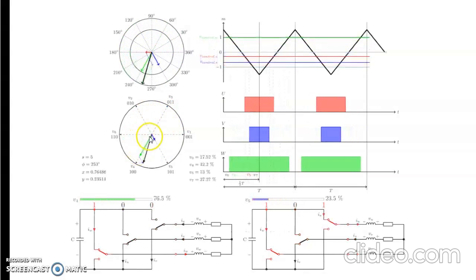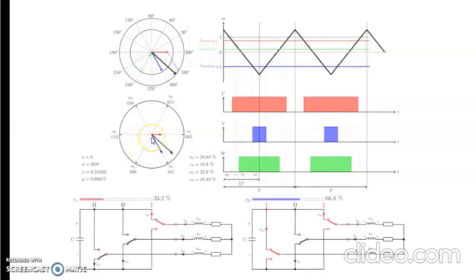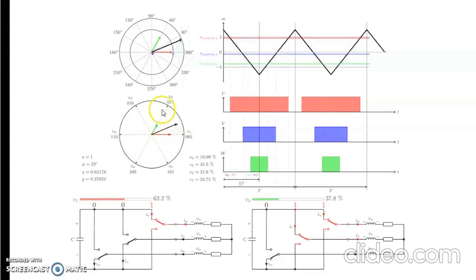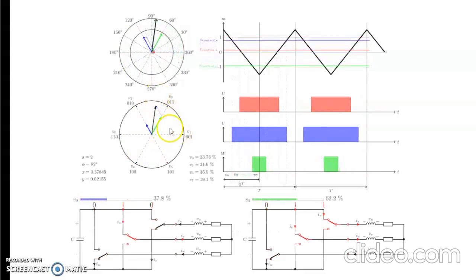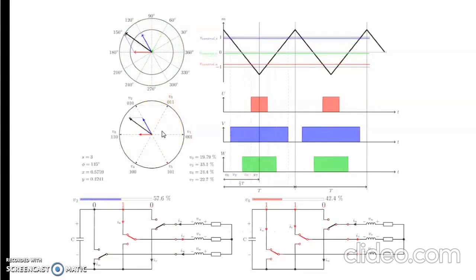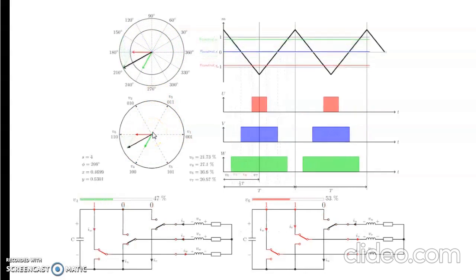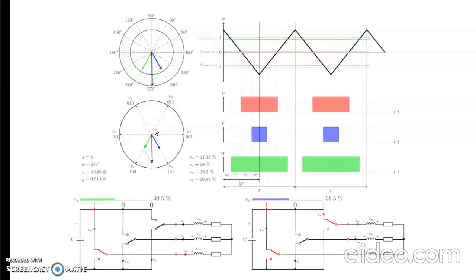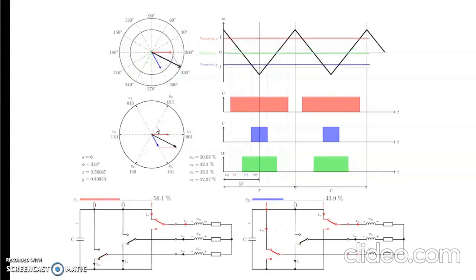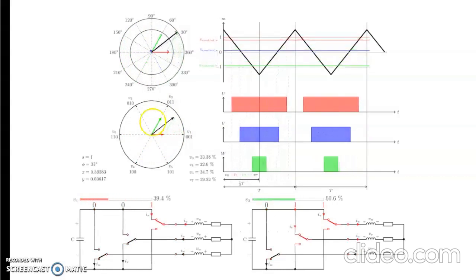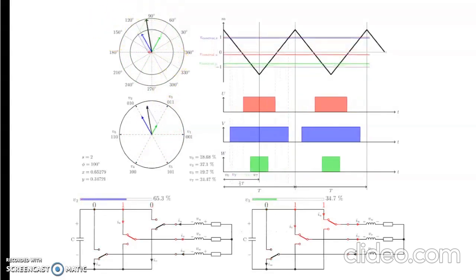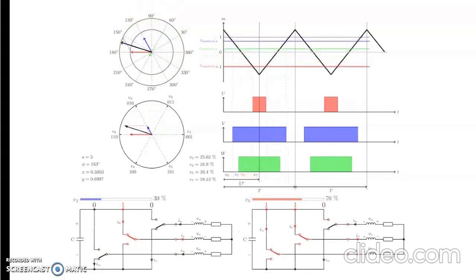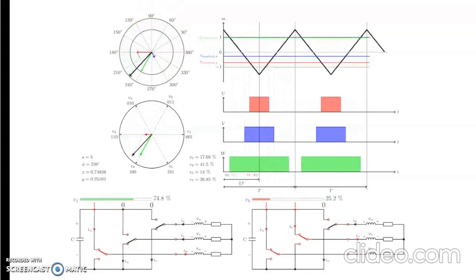The resultant is the black vector, and it is a resultant of any 2 vectors only. That is what we already called a transformation from 3-phase to 2-phase system. We need only 2 active vectors to find out the output voltage for a particular time interval.